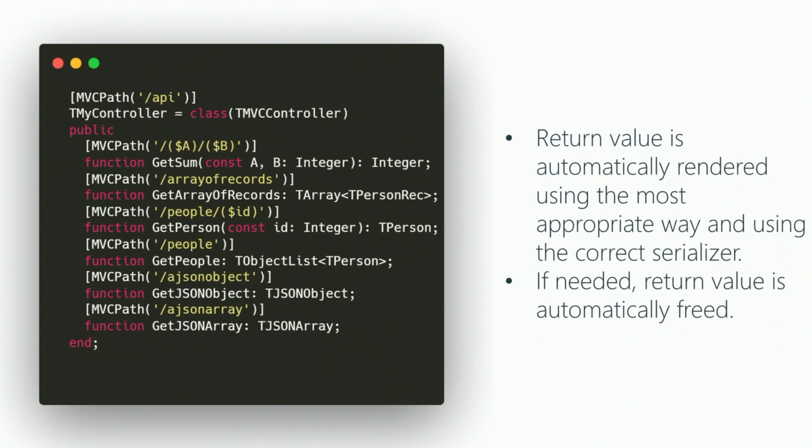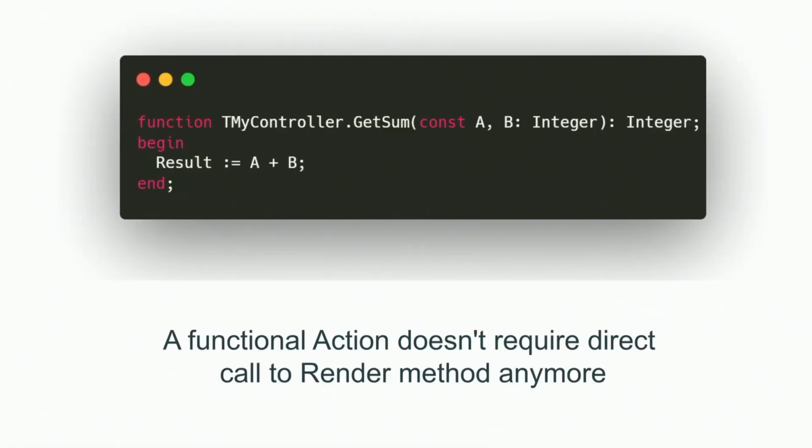So as you see, just declare as usual, but this is a function. And now the return value is automatically serialized with the same engine used by the render ones. You can serialize array of records, objects, object list, JSON object, JSON array, and so on.